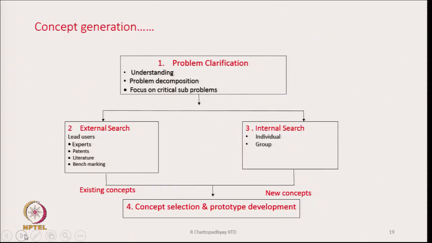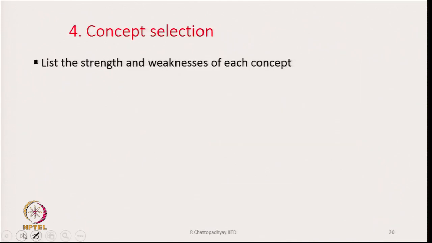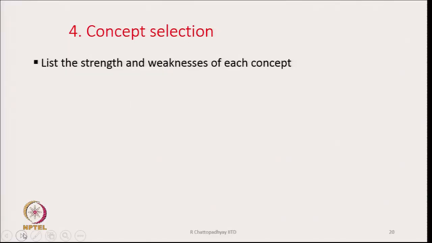After this, we come to the last step, concept selection. So, suppose people have developed quite a few concepts, or solution concepts. Now, we have to go for concept selection. So, what to do? List the strength and weakness of each concept.